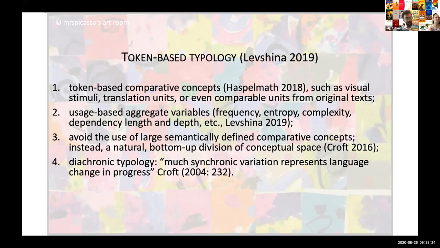Finally, the fourth pro of using token-based typology is that it is even in line with diachronic typology, because according to Croft again, much synchronic variation represents language change in progress.